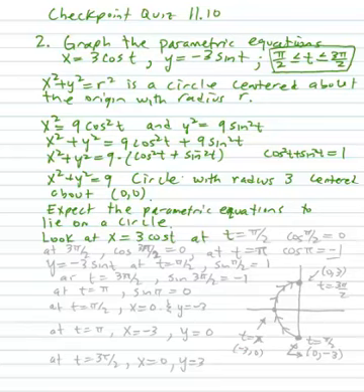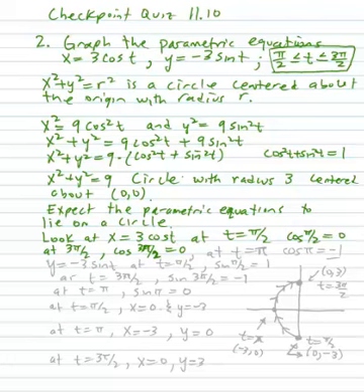At t equal pi halves, the cosine of pi halves is 0. That means that the x component will start when x is equal to 0. Now, at 3 pi halves, the cosine of 3 pi halves is also 0. Therefore, at both the starting point and the ending point of t, we have x equals 0.